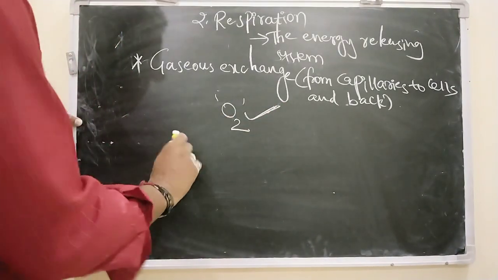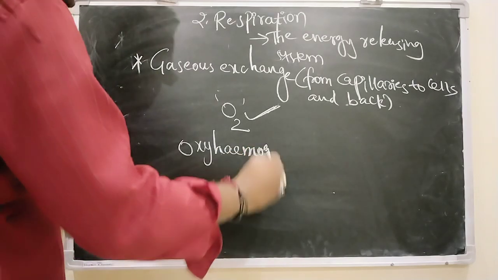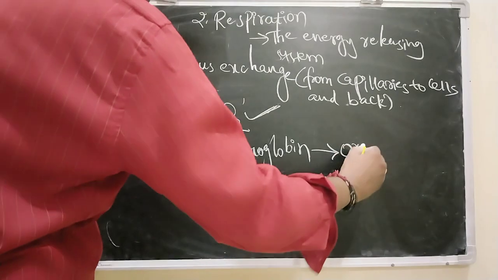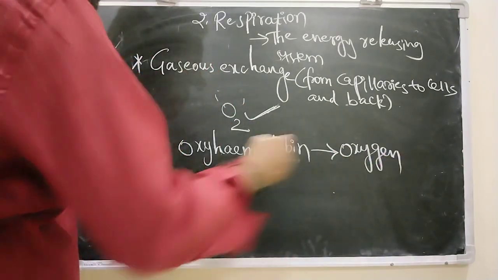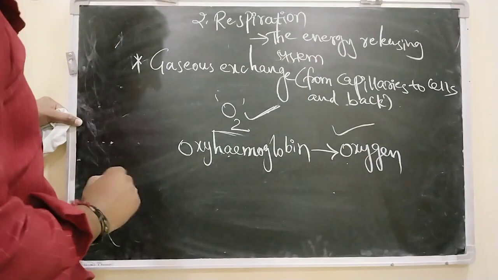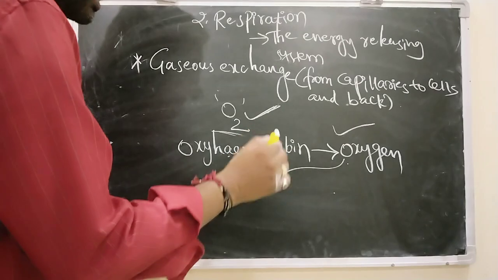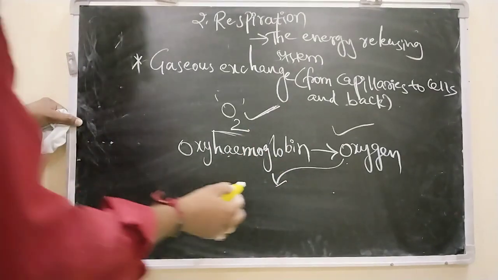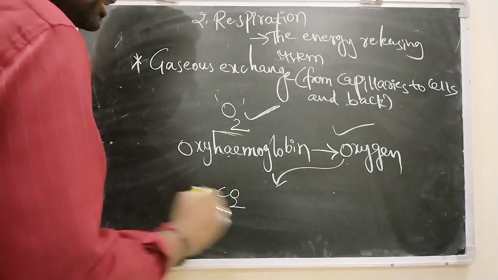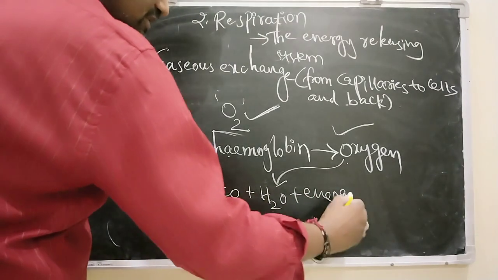That is why the oxyhemoglobin releases oxygen to the cells for continuing the reactions, and by using this oxygen the respiration process occurs in cells, nothing but cellular respiration, and as a result of these reactions carbon dioxide is produced, water is produced, and energy is released.